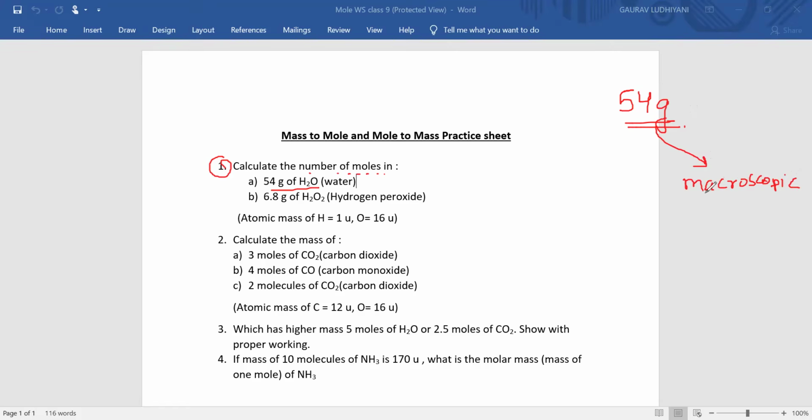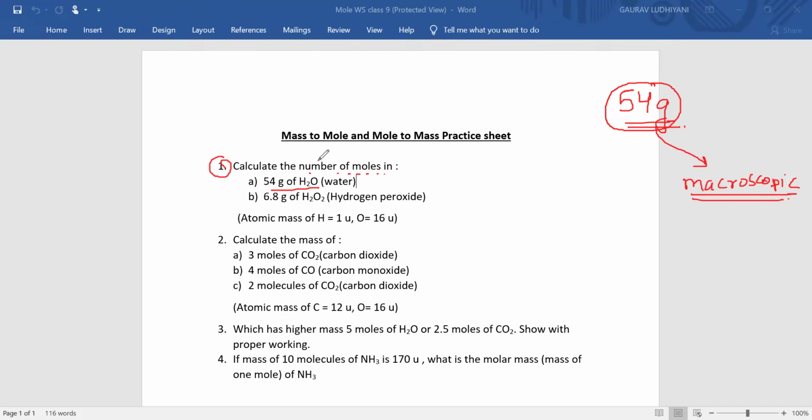In your head, you have to understand this. For a common man, for a common human being in everyday life, 54 grams is nothing. It's a very small value. But since you are dealing in a subject called chemistry, where molecules and atoms are very, very, very small, 54 grams technically means you have taken a lot of molecules of water, right?